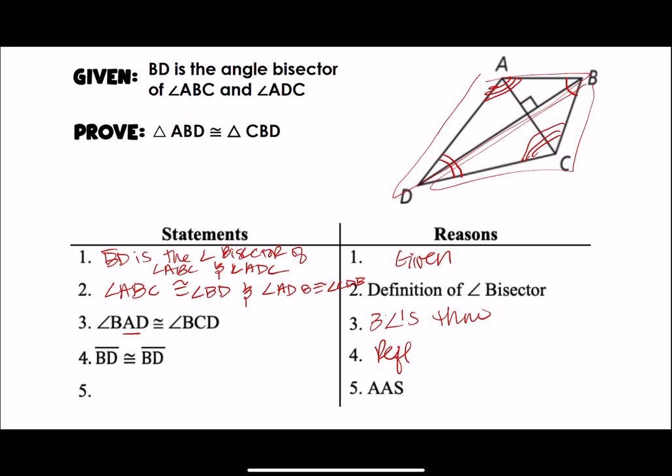That's where we're going around in this kind of different circular manner. All right, and this last one, because we're doing angle, angle, side, we're using this line right here, and we're saying that it's congruent by the reflexive property. And by that reason, triangle ABD is congruent to triangle CBD by angle, angle, side.